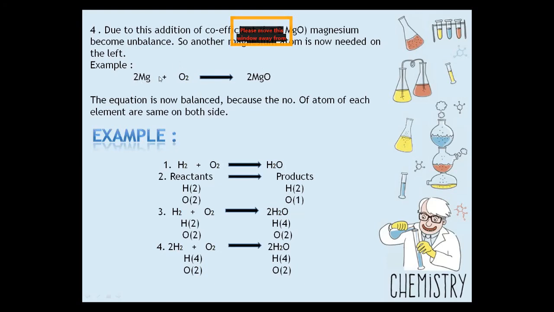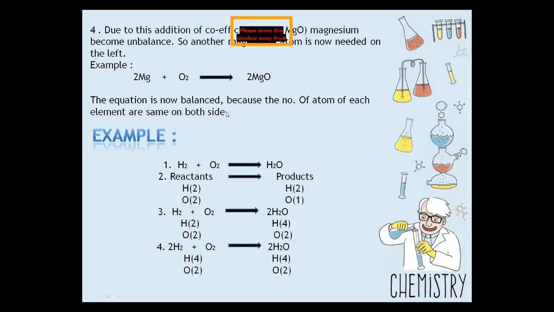Now 2Mg plus O2 gives 2MgO. The number of Mg atoms is 2 and the number of oxygen atoms is 2 on both sides. The equation is now balanced because the number of atoms of each element is the same on both sides.